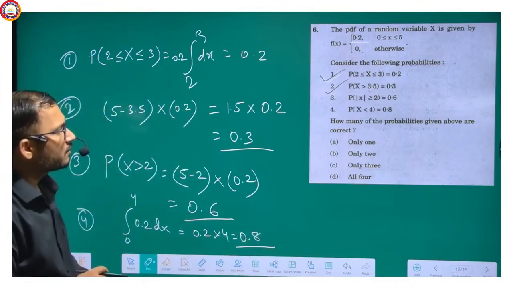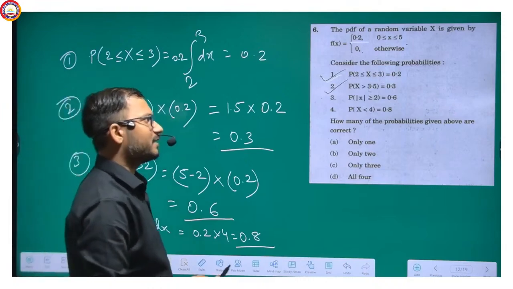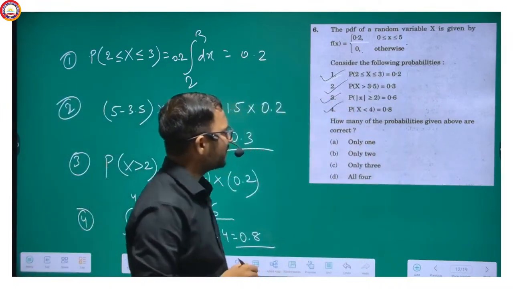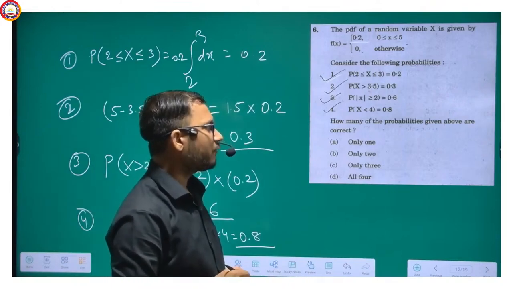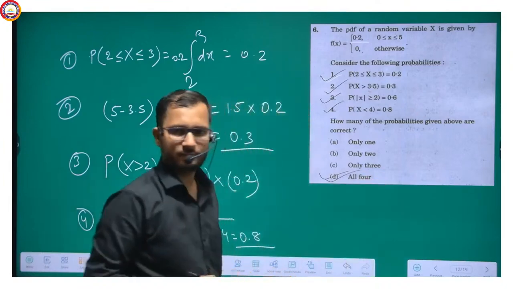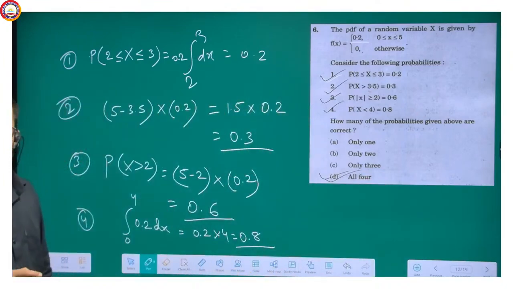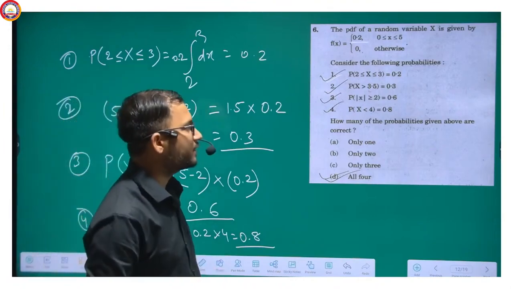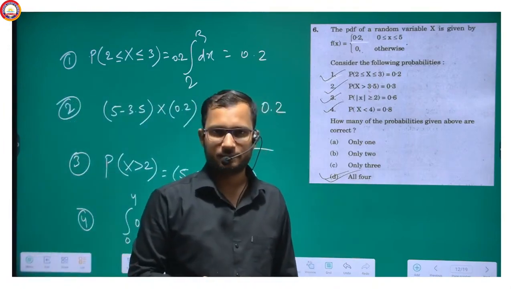That means all the statements regarding the probabilities are correct. The question is asking how many of the probabilities given above are correct, so all four are correct. All the four probabilities given there are correct.